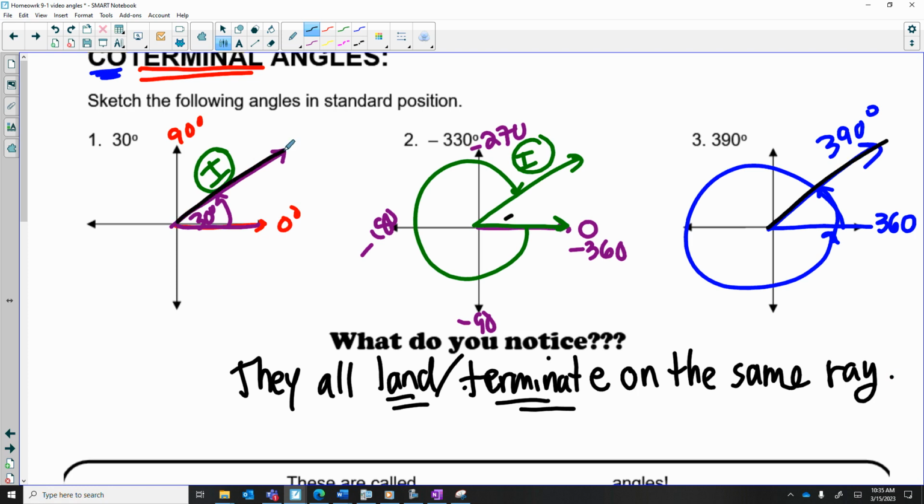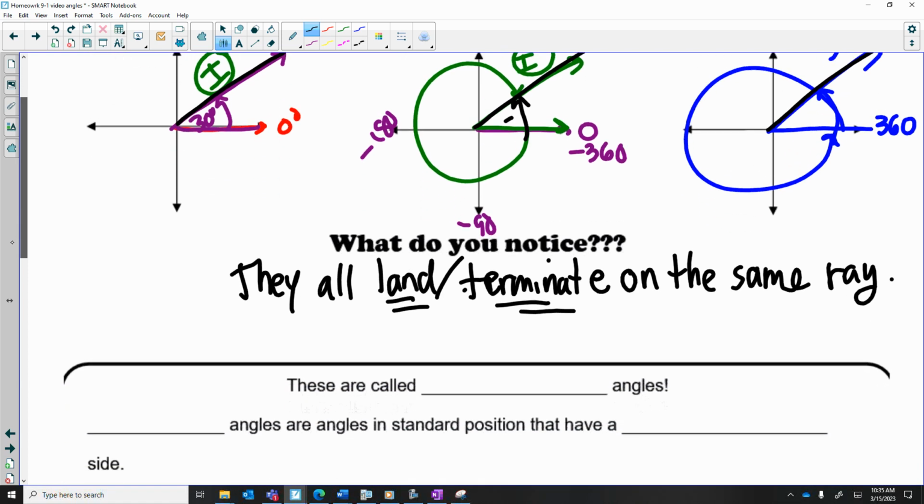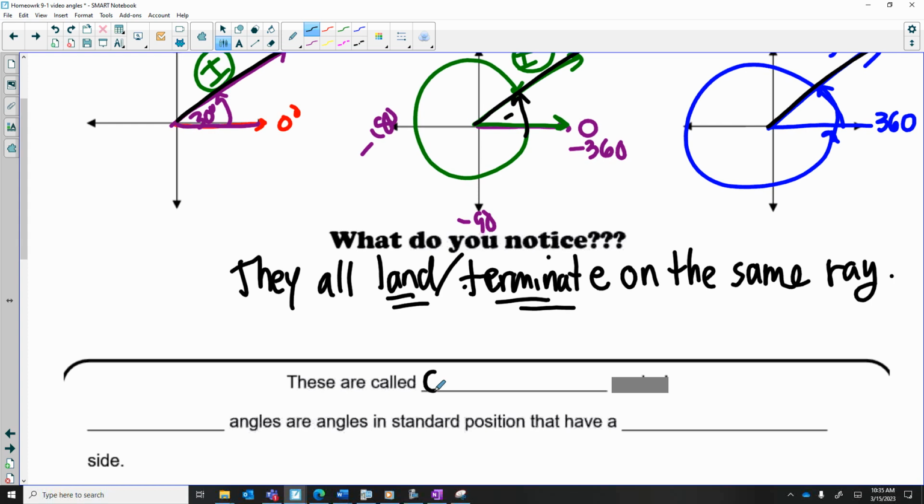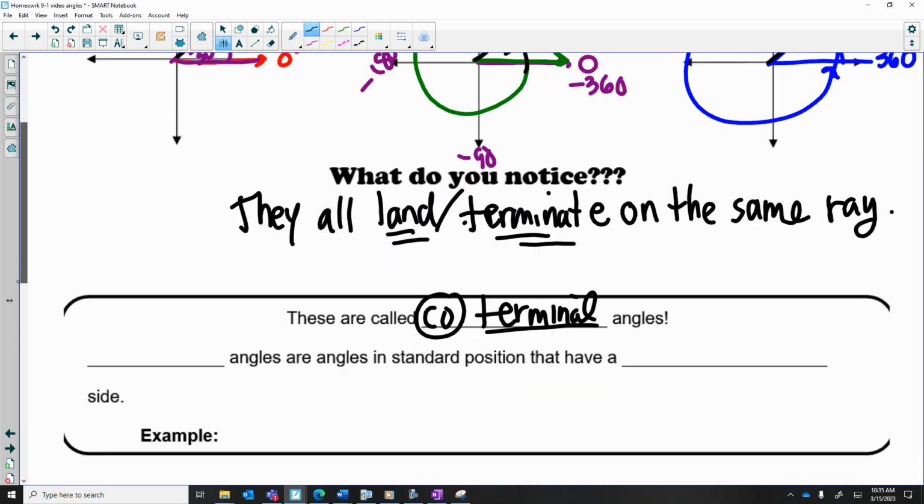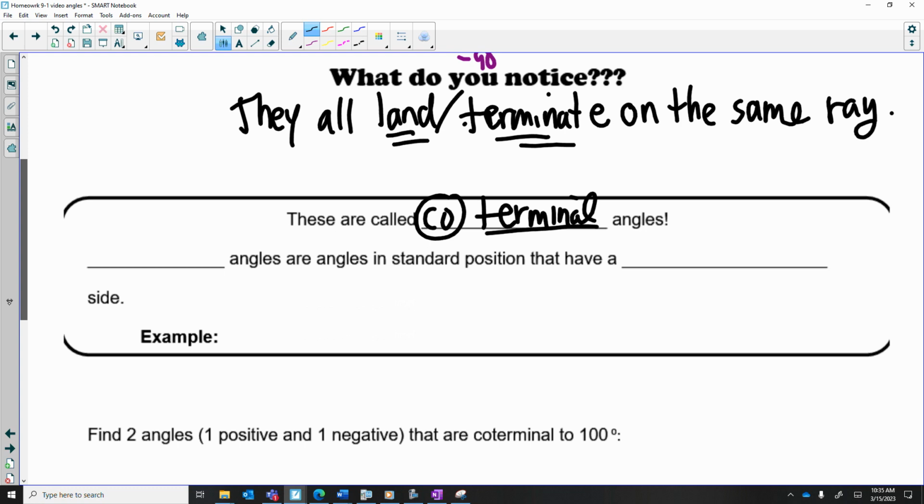Now, how are they related in terms of their number measure? Well, it turns out that these angles, they are called coterminal, by the way. So co means sharing, and terminal means an ending side.